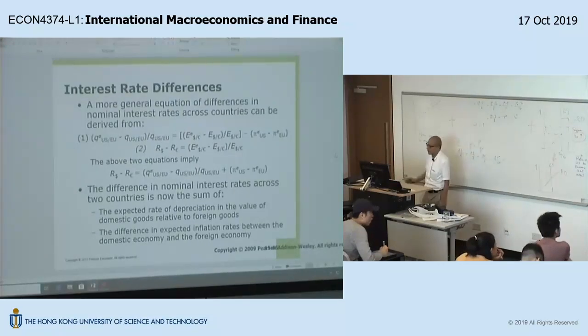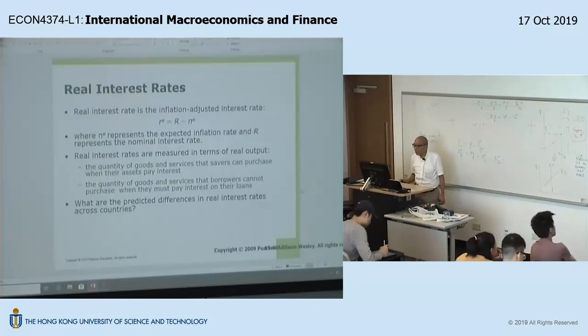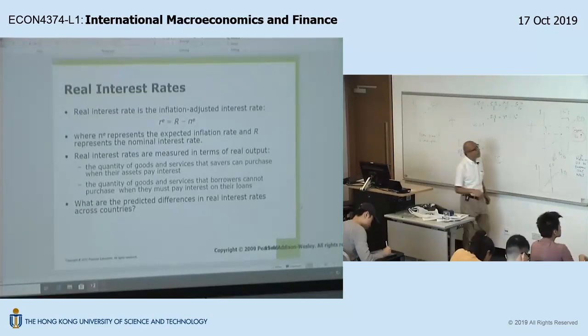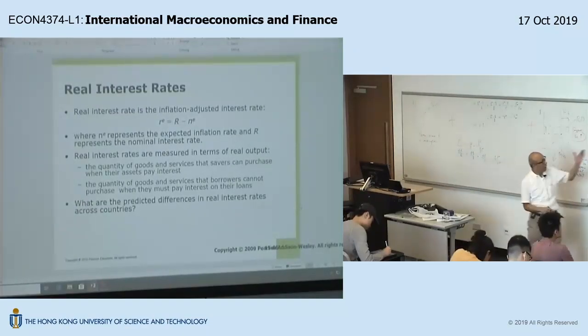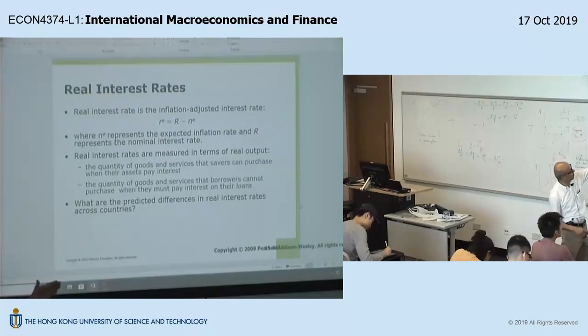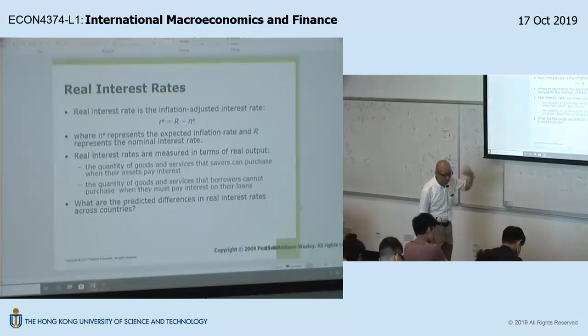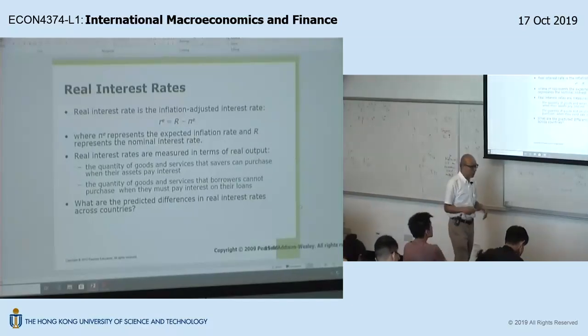So how about the real interest rate difference? Real interest rate is the nominal interest rate minus the expected rate of inflation. The r E is what we call the expected real interest rate. Sometimes people just call it the real interest rate.